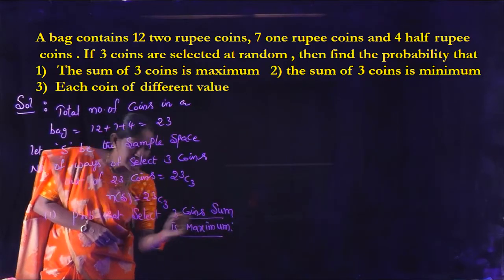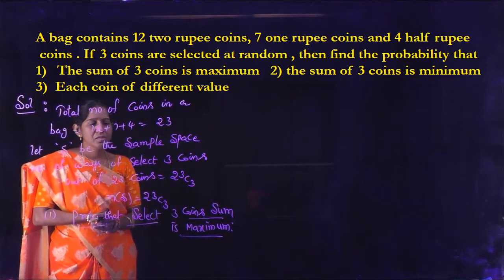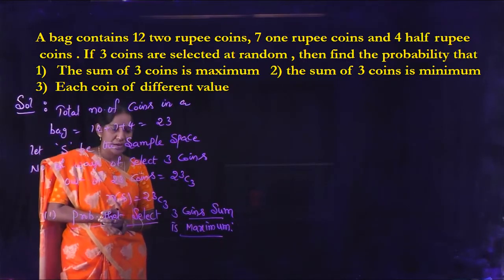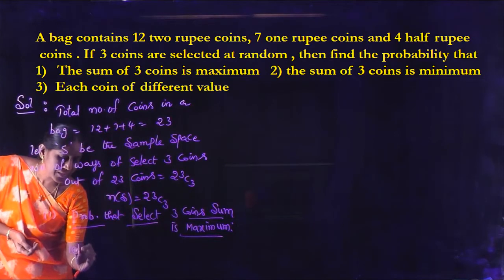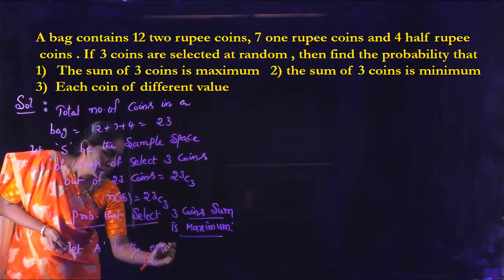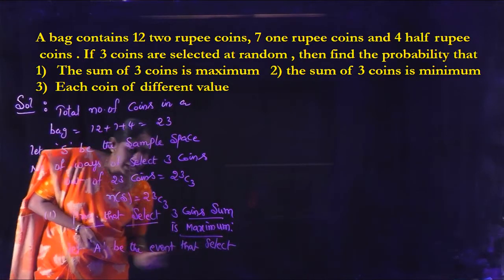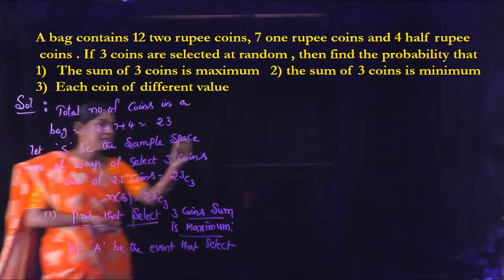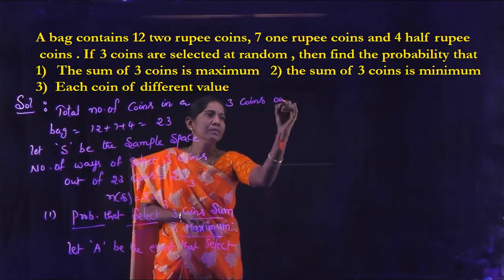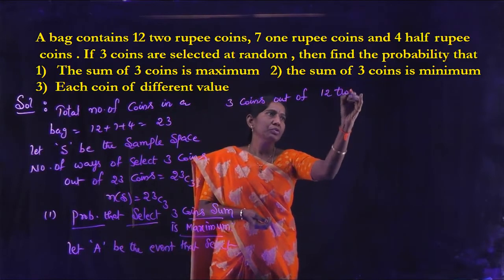This means we have to select 3 coins which have the maximum value. So select 3 coins out of the 12 2 rupee coins. Let A be the event that we select 3 coins out of 12 2 rupee coins.